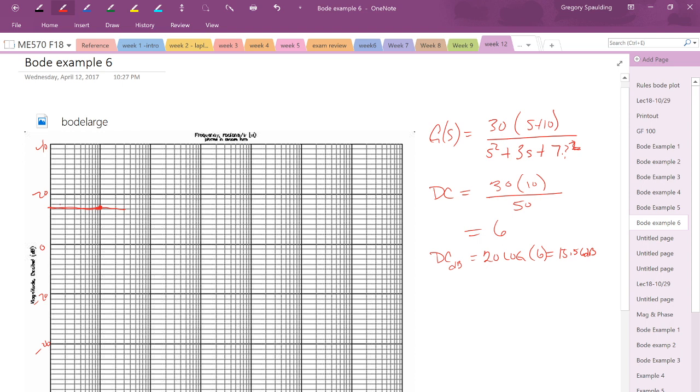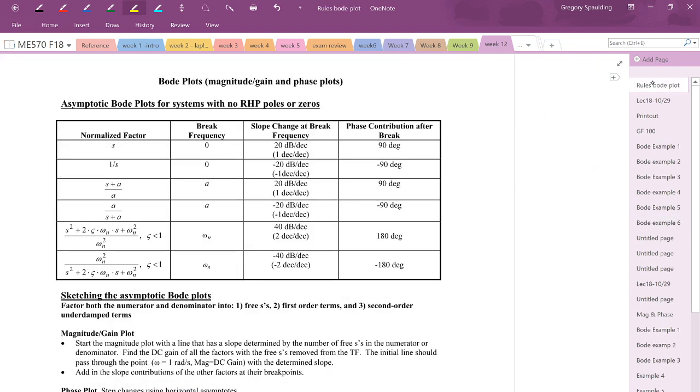So now we're started, and we go to where we find the first pole or zero. Actually, our first pole occurs at the 7 point something. If we look back at our rules, we're looking at this case: we've got s squared plus 2 zeta omega n s, you all remember this, plus omega n squared.